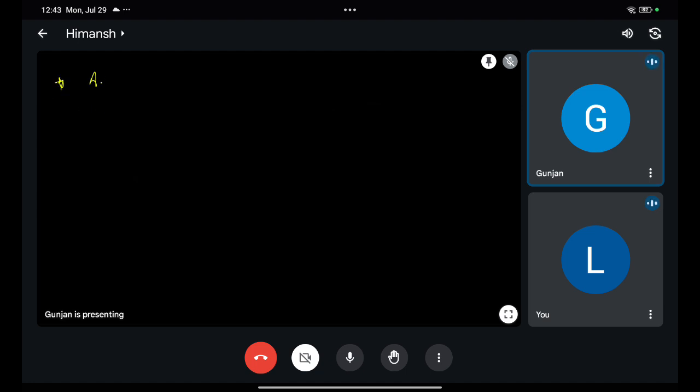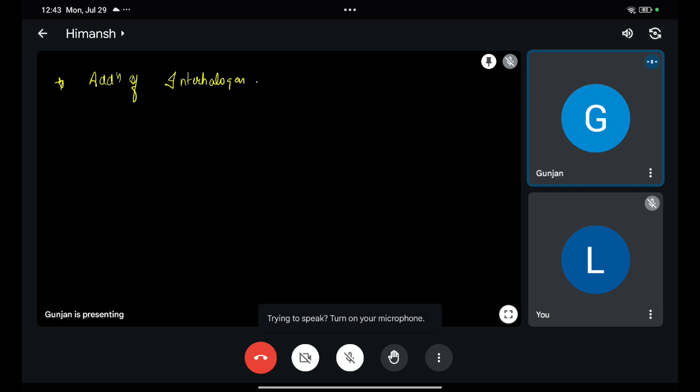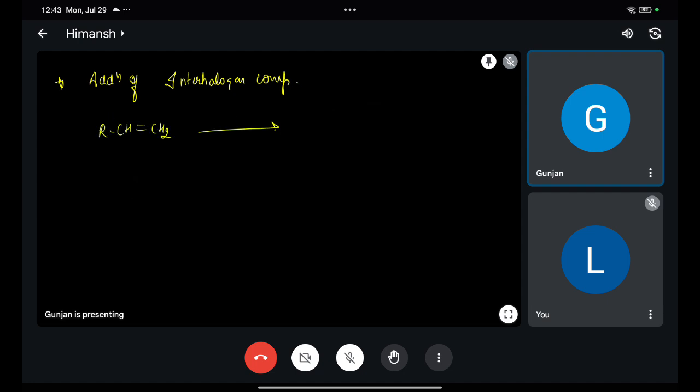Interhalogen compound means ICl. So it is an interhalogen compound.